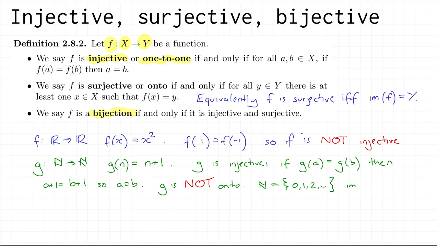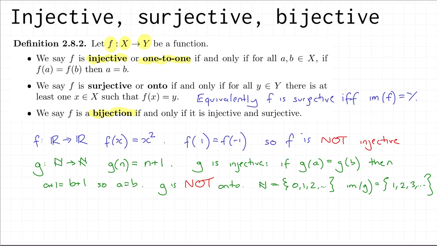But the image of g does not contain 0, because if you apply g to something, you add 1 to it. So the image of g is a proper subset of the codomain. It's not equal to the whole codomain. In particular, there is an element, namely 0, which is in the codomain and which is not in the image. So g is not onto.